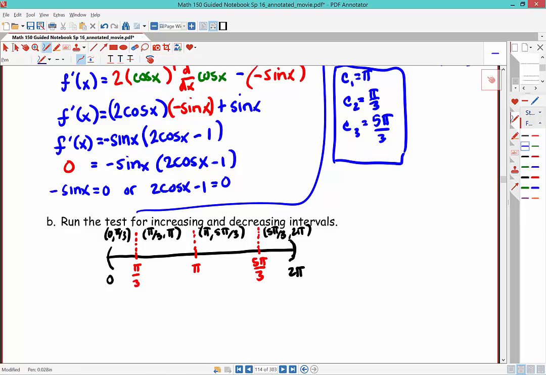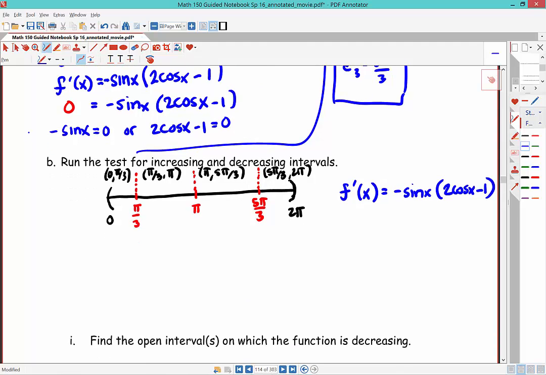Okay, so let's rewrite what our derivative was. So I'll rewrite that over here. f prime at x was equal to negative sine at x times 2 cosine at x minus 1.